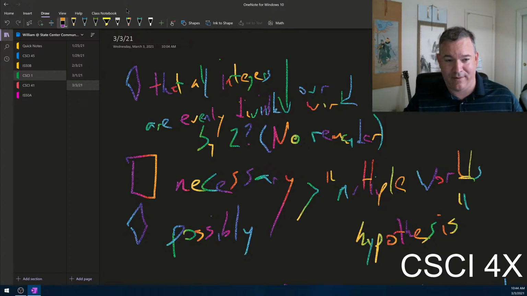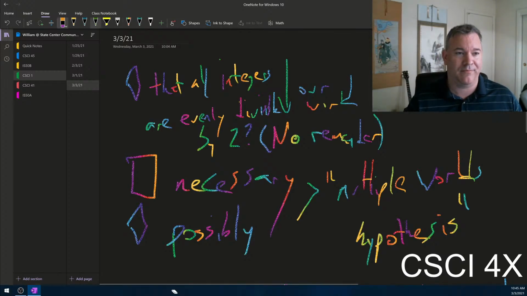Possible is weak, just like there exists is weak. You know, there exists a person with the name of Hannah is a very weak claim, right? There just needs to be one. Whereas for all people they're named Hannah, that's a very strong claim, right? That every single person on the planet is named Hannah. Not true. And necessary means for all possible worlds, and possibly means just one world, right? But they're not equivalent, right? So even though I put in a possibly here, it's still false. It is not possible that all integers are even integers, right?